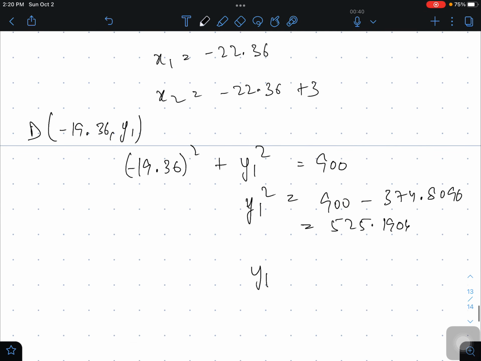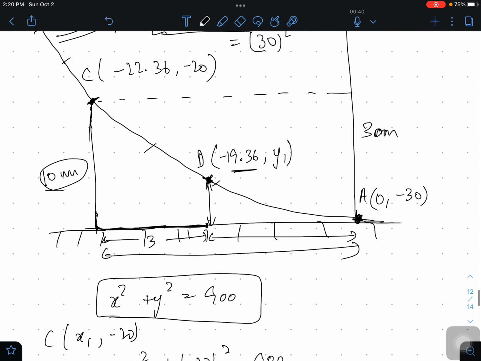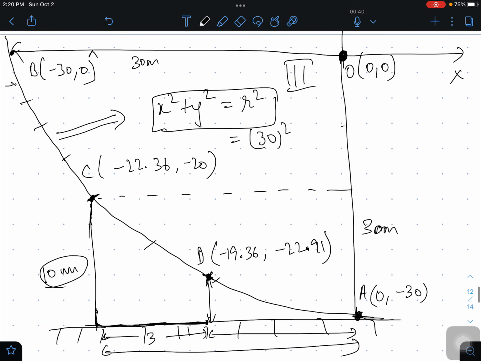So y1 will be plus or minus 22.91. We will choose the negative because we are in the third quadrant. So now you have this value of y1 also with you, which is minus 22.91. So this minus 22.91 is from the top.